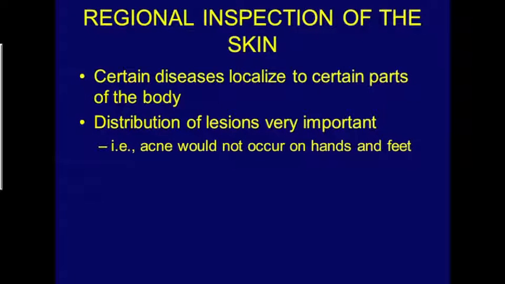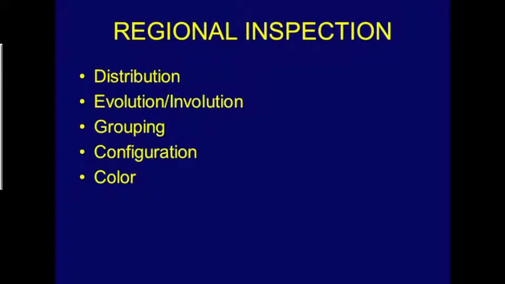So, when you're talking about regional inspection of the skin, certain diseases are localized to certain parts. As I said, acne would occur in the face, chest, and neck, but not on the hands and feet. So the distribution of the disease is very important in giving us clues as to the correct diagnosis, and that's something you would learn fairly rapidly.